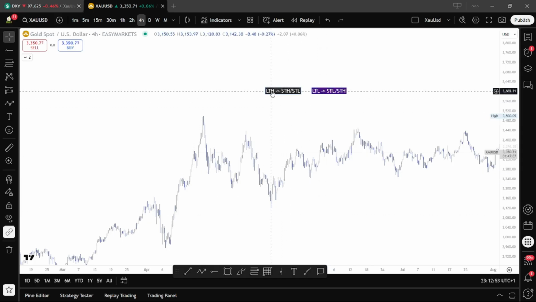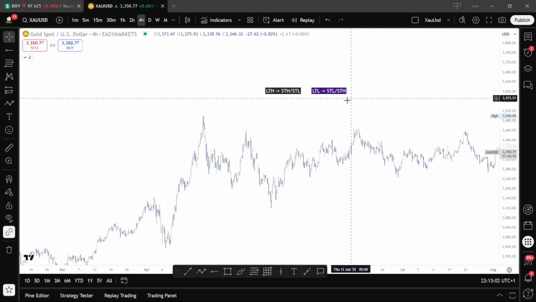Inside the LTH and the LTL, we have STH slash STL, and then STL slash STH. What does it mean? The STH simply means short term high, while the STL means a short term low.